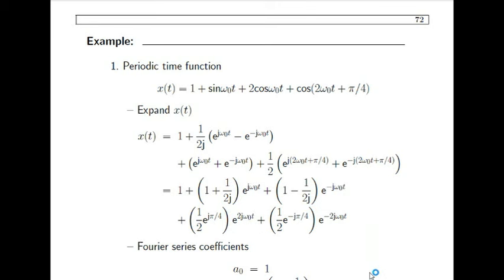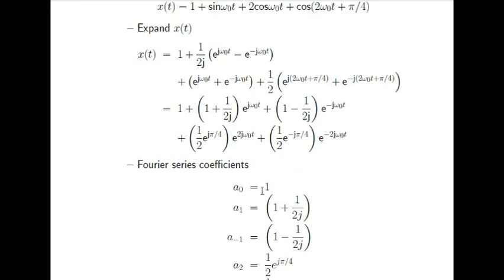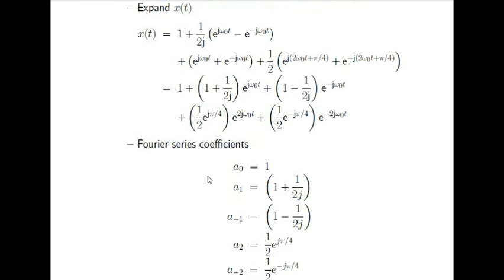Their values will be a naught equals 1, a1 equals 1 plus 1 upon 2j, a minus 1 equals 1 minus 1 upon 2j, a2 equals 1 upon 2 e to the power j pi by 4, and a minus 2 will be 1 upon 2 e to the power minus j pi by 4, and the other Fourier coefficients are 0. So ak equals 0 for mod k greater than 2.